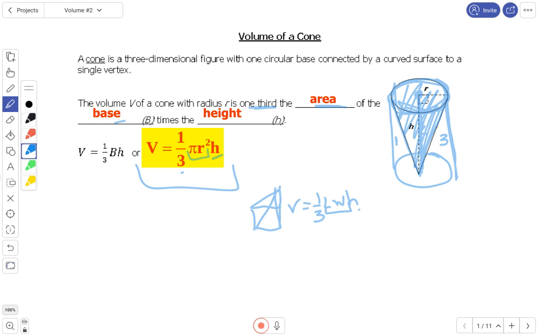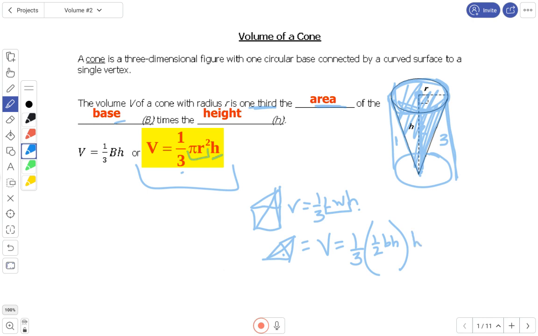If you had, let's say, a triangular pyramid, so the base shape is a triangle, you could find the volume of this, again, 1/3 times the area of the base. So the base is a triangle, so we would do 1/2 base times height of that base shape, and then times the height of the figure.